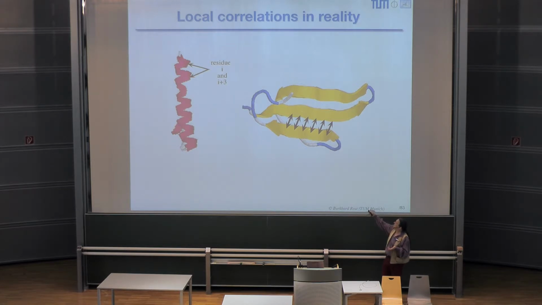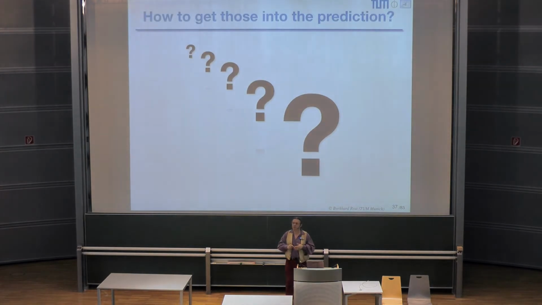If some device predicts that this residue is not in a beta strand, this one here or that one, then that cannot be the case if the others are. So the system has to somehow learn correlations between I and I plus 1. How can we get that into the system? So the trivial solution that resembles what I did before, that I oversample the data.